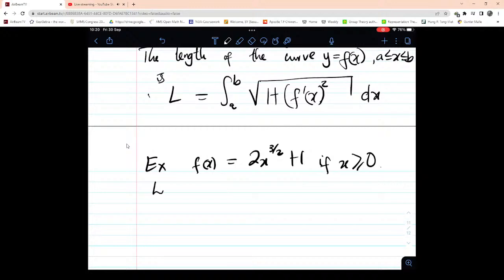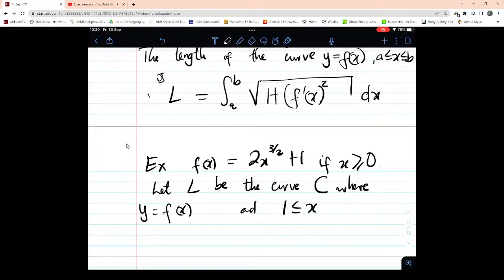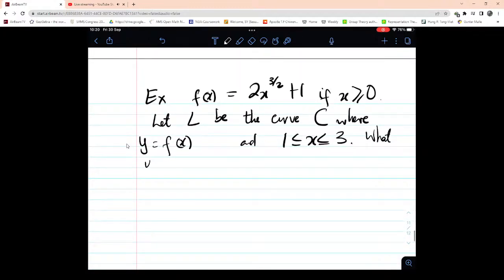Let L be the curve C, where y is equal to f of x, on this interval. What is the arc length? We are just going to apply this formula that we have.